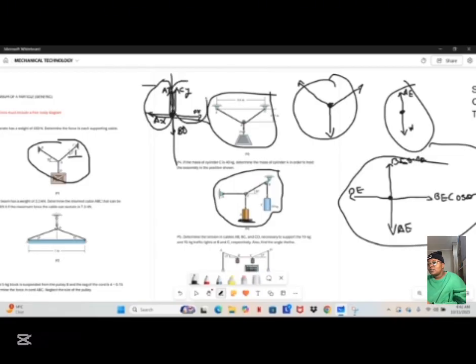So let's go back to the rules. We have to go back to the rules and see if we have complied with all the rules. Here are the rules.